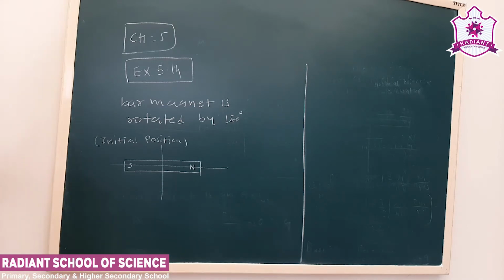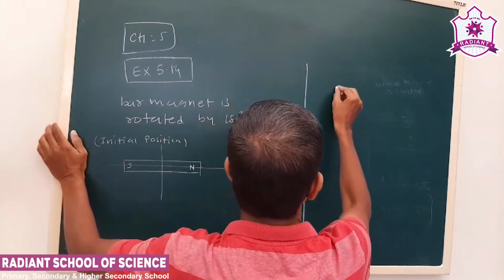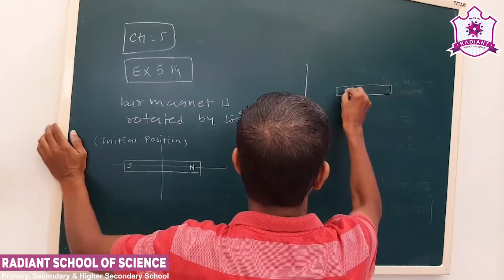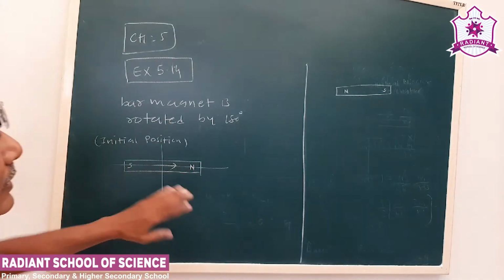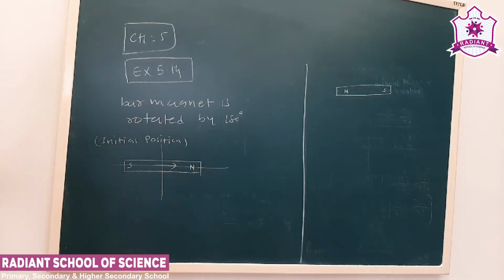So what will happen? From this condition, if I rotate by 180 degree, the final position will be like this. In that case, the null point will be somewhere here.